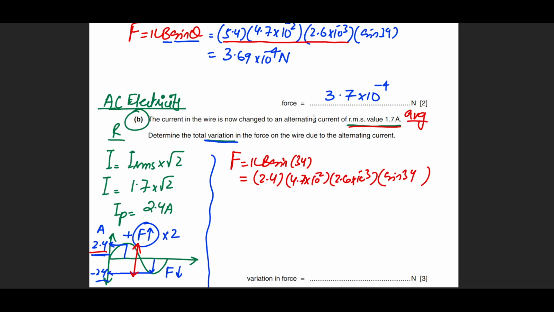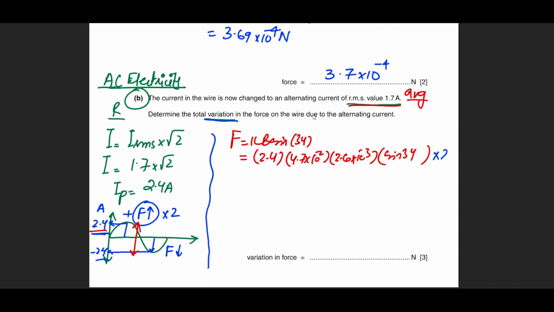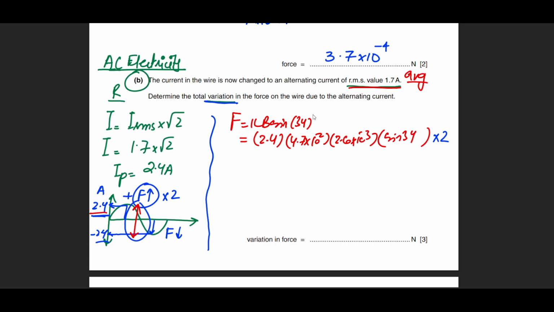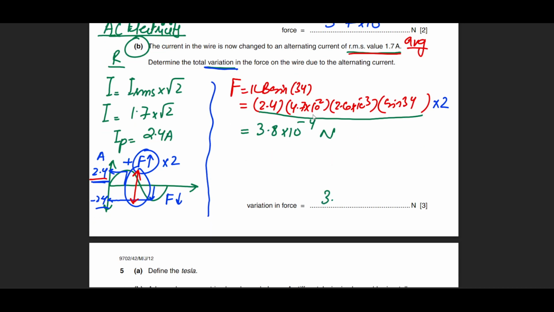This will be multiplied by 2, because I've explained that this variation is going to be in 2 directions. So I get my final answer as 3.8 into 10 raised to the power -4 newtons. What you can do is calculate this one individually for the sake of concept and then multiply it by 2. You will get the same answer, 3.8 into 10 raised to the power -4.